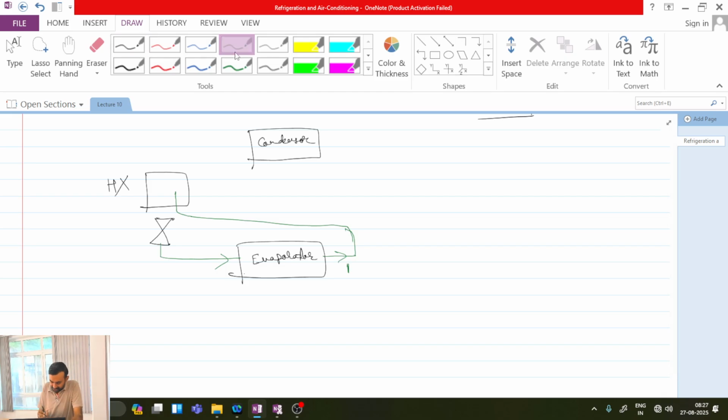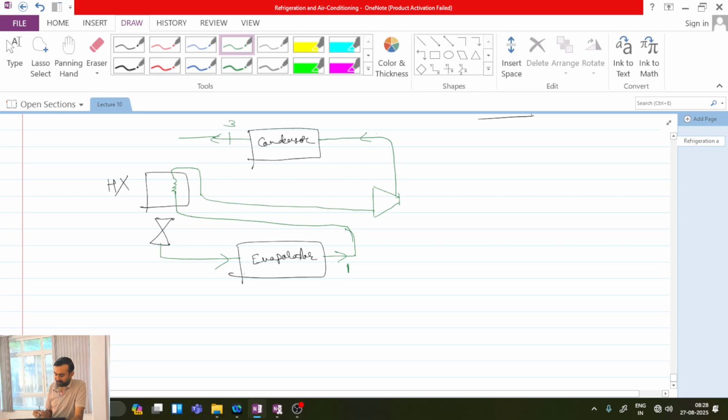and in this heat exchanger, from one side this fluid is going, and then it is entering into the compressor and then into the condenser, and on the other side whatever is coming out of the condenser at state 3, that substance is passed through this heat exchanger and then it is entering into the expansion device. Is this one clear? So in this way what will happen?